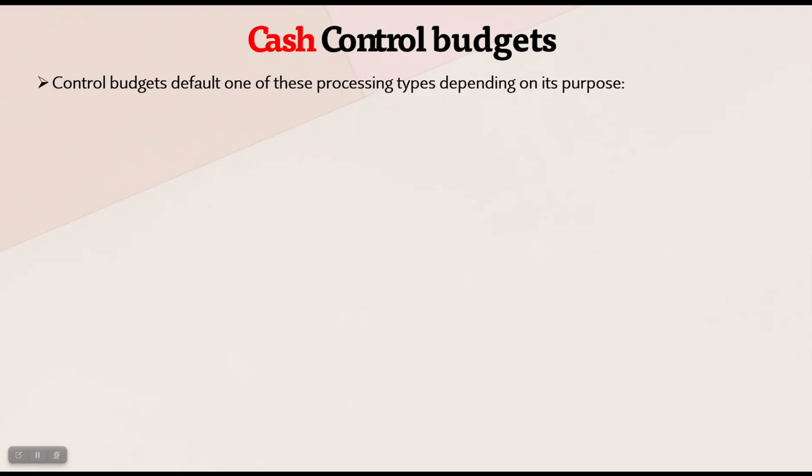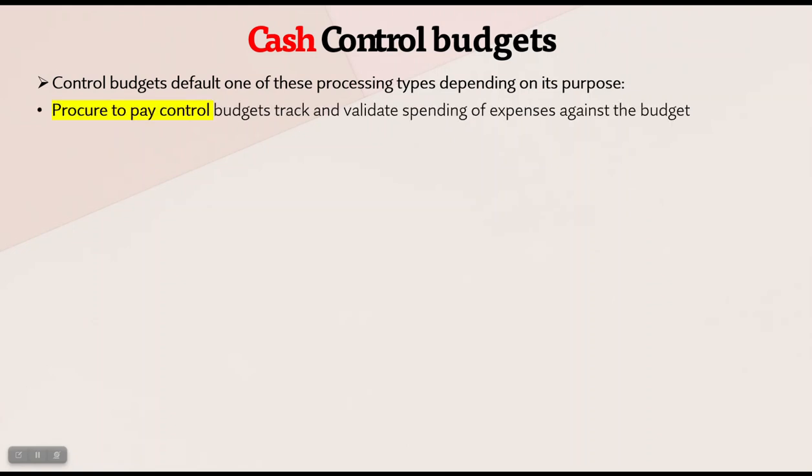First of all, cash control is a control budget default, one of these processing types depending on its purpose. First is procure to pay control. It's a budget that tracks and validates spending of expense against the budget. The other one, which we will talk about in this video, is cash control budget.